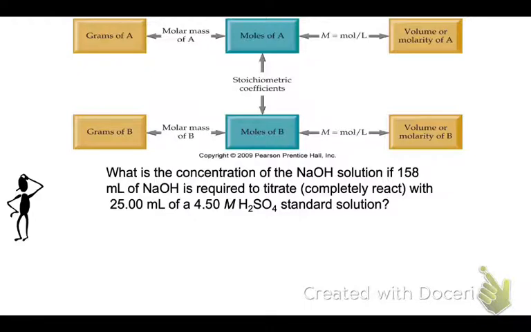Now what I do next, which is really important, I'm going to write the equation again, but what I want to show you here is I want to identify what do I have for every substance in this equation. So if you look here with me, guys, you will see that for the base I have volume, and for the acid I have volume and molarity.